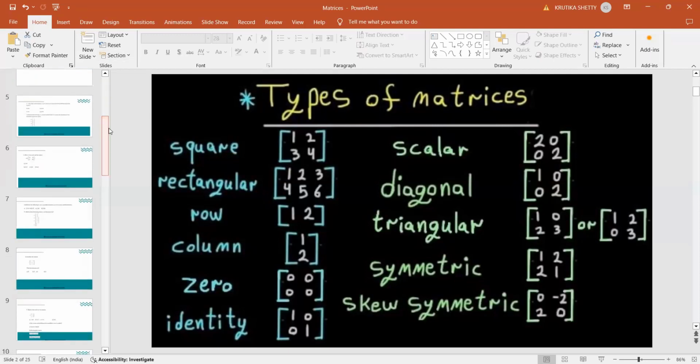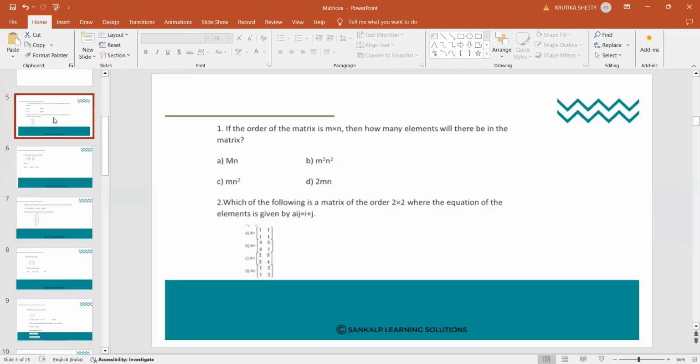Then we will discuss two objectives, simple questions based on this, and then stop the class. See the first objective: if the order of the matrix is m cross n, how many elements will be in the matrix? Just today we discussed it.